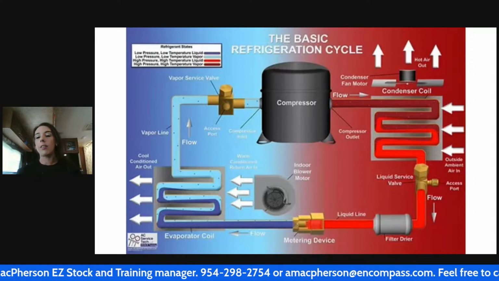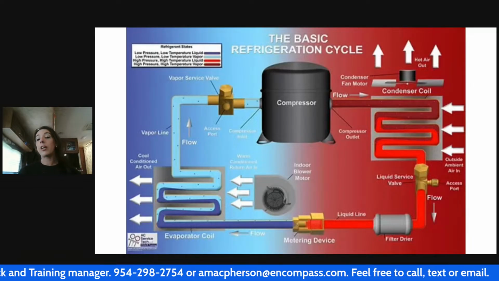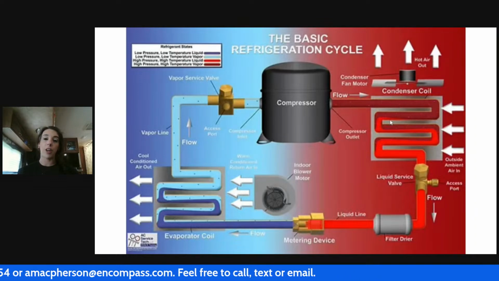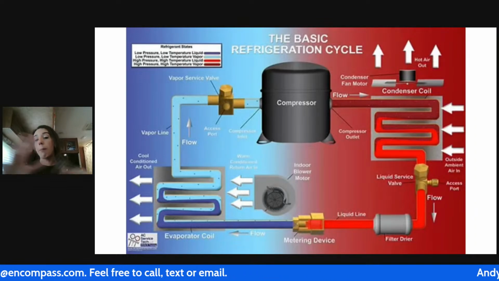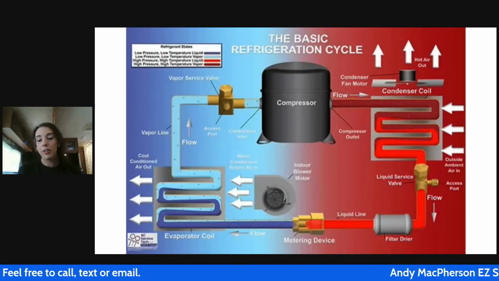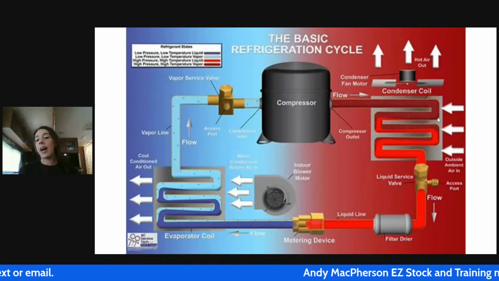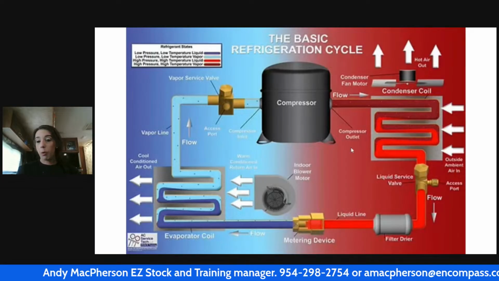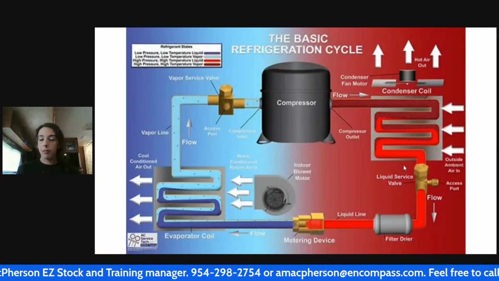The reason it causes such a problem when they're dirty is because we need every bit of surface area that we can get in order to allow this phase change to happen. So in a perfect unit, which is what you're seeing on my screen right now, that change will happen somewhere about halfway to where we're saturating as a liquid. We'll talk about saturation more in a minute, after we get through what the cycle does.